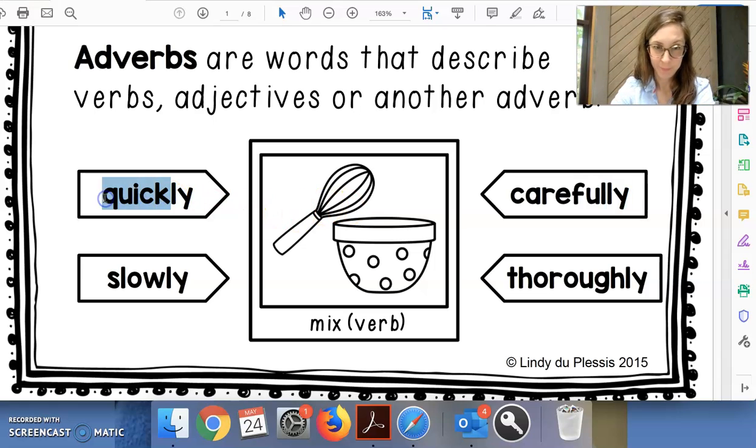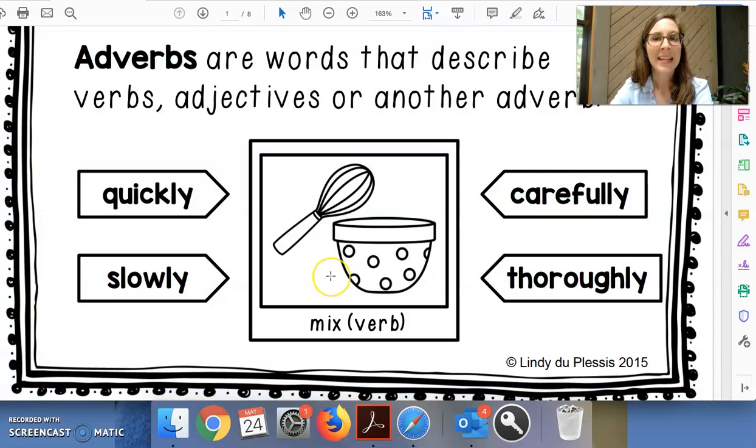So quick. I am quick when I run. But how do I run, or how did I mix? I mixed quickly. So the ending, the suffix ly, can turn an adjective into an adverb. So I can say I am slow, or I mix slowly.